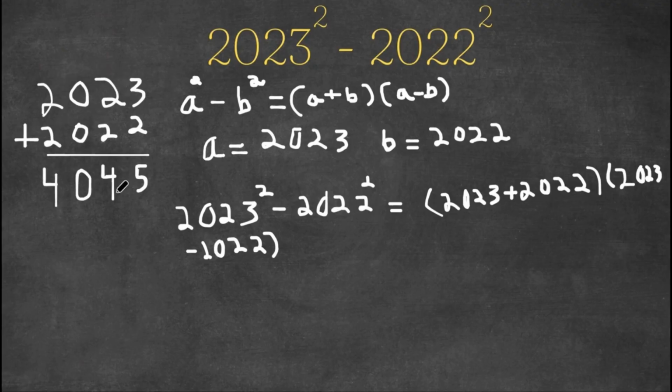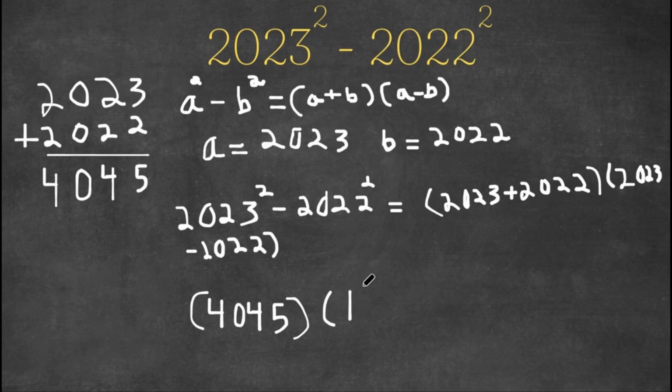So 2023 plus 2022 is 4045. And we are multiplying this with 2023 minus 2022. Well, 2022 is only 1 less than 2023, so 2023 minus 2022 is simply just 1.